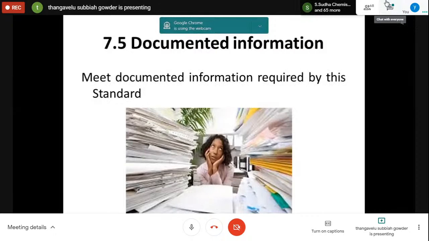To meet this requirement, we are going to have a manual, that's called the first level. It meets the ISO 21000:2018 version. Second level: process, purchase process, admission process, teaching and learning process, non-teaching areas, the examination process of the controller of examination, and the sports department, maintenance department, library department, like that.